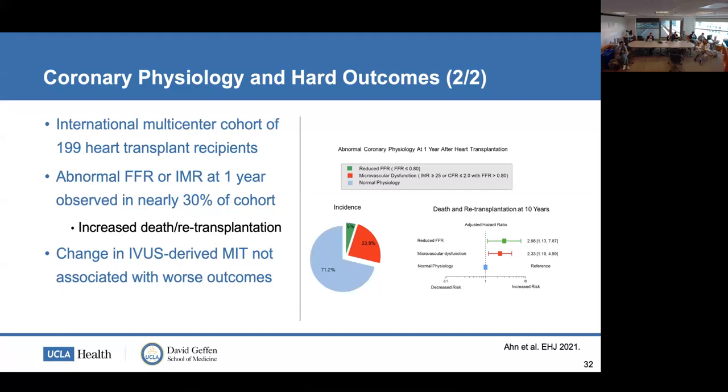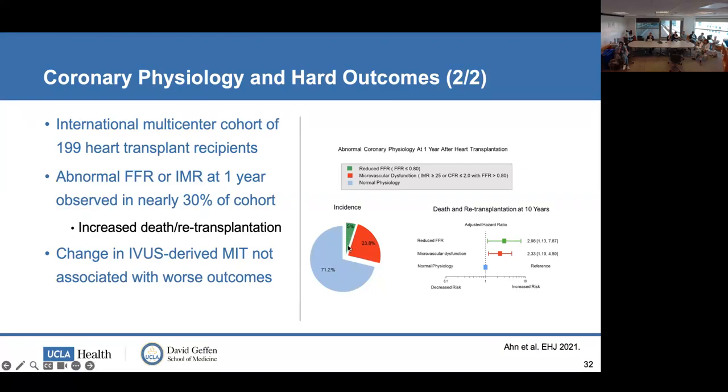Here they looked at true cutoffs in native patients. So they used an FFR value of less than 0.8 and an IMR value of greater than 25. They found that at 1 year, nearly 30% of the cohort had either abnormal FFR or abnormal IMR. You can see here the breakdown.